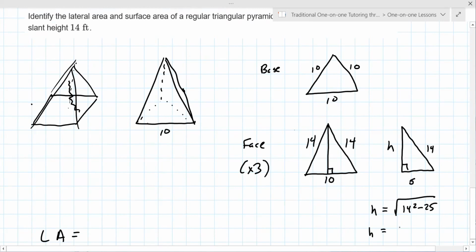So the height is 196 minus 25, so it's the square root of 171. So your lateral area is one of these triangles, and the area of a triangle is 1/2 base times height. The base is 10, the height is the square root of 171, but you have 3 of them.